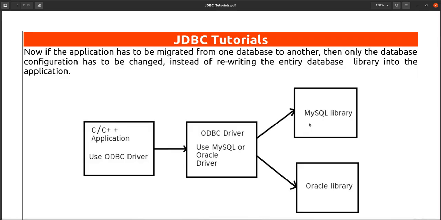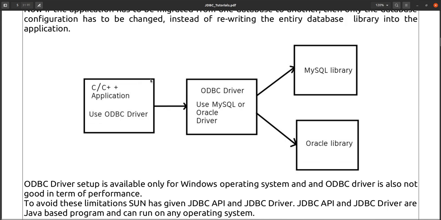Your application will not communicate directly with the database. Now the maintenance botheration is removed, because you just have to change the configuration in your ODBC driver, and it will communicate with that database.